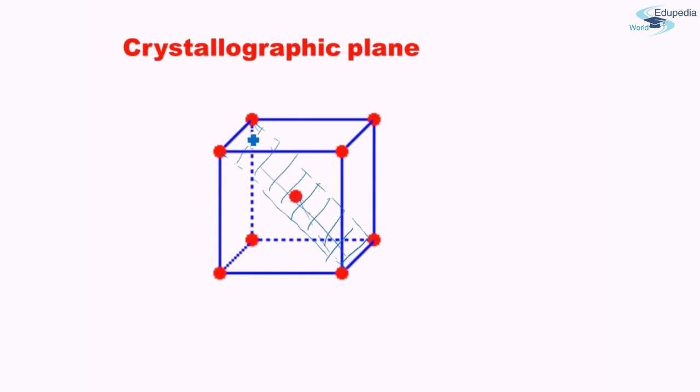Now if I ask what is the close packed plane for a body-centered cubic, how do we find it? X, Y, Z. Where does it cut the x-axis? At 1. Where does it cut the y-axis? Again at 1. Where does it cut the z-axis? At infinity. Reciprocal: 1, 1, 0. So this particular plane which we are talking about is 1, 1, 0. That is our close packed plane for body-centered.